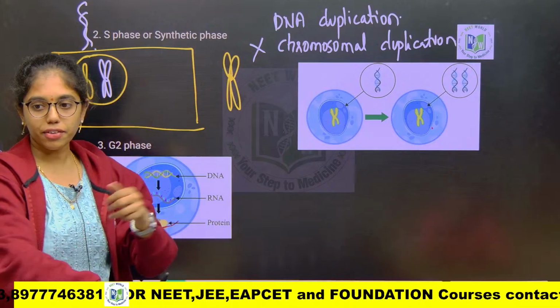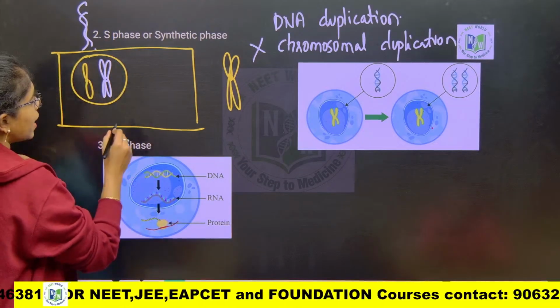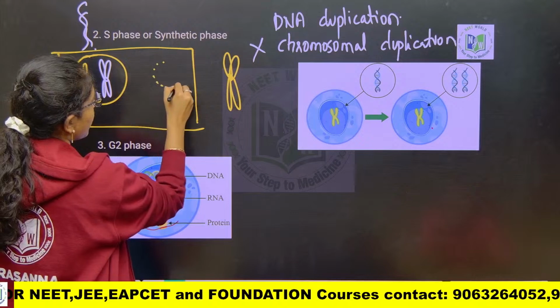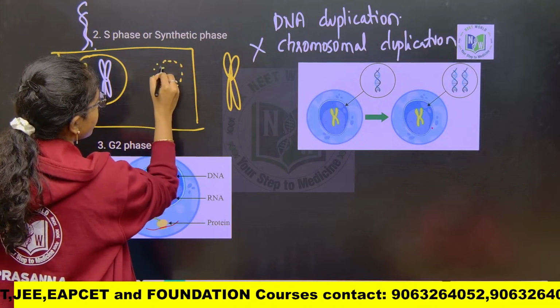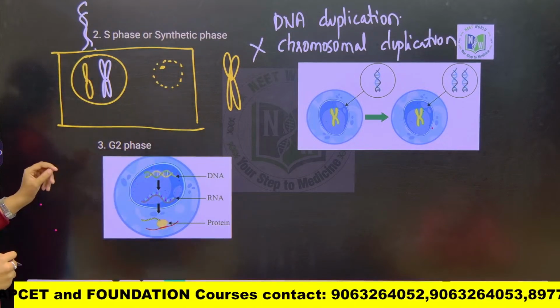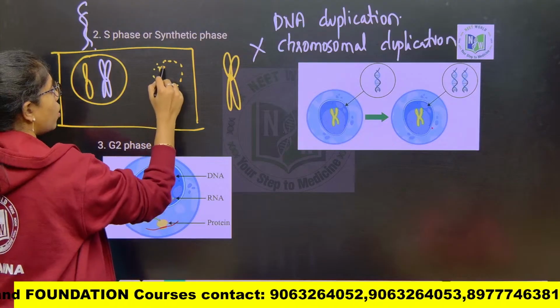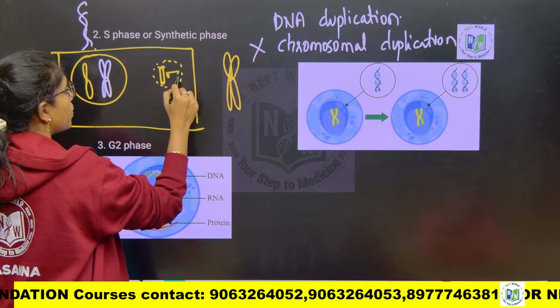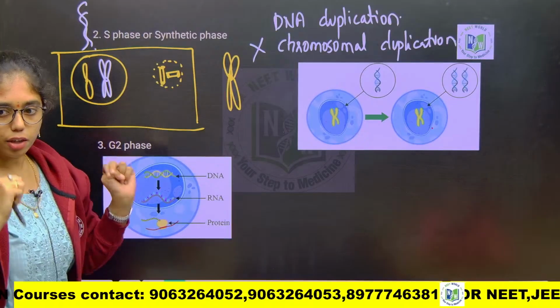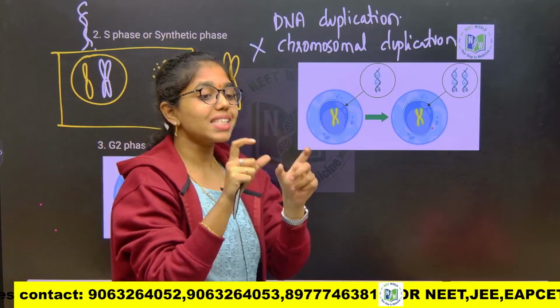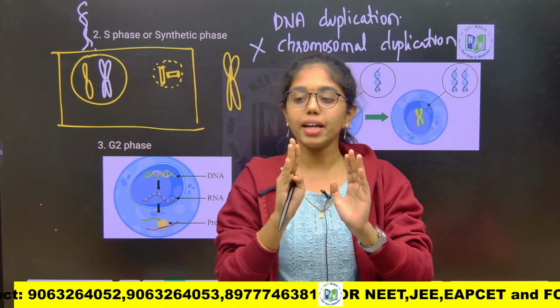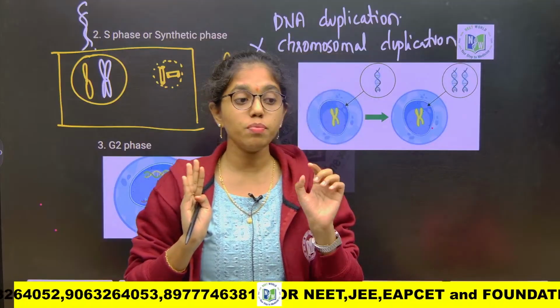Of course, it is the centriole, right? This centriole is present inside what? The centrosome, where the centrioles lie perpendicular to each other. So this centrosome will be duplicated inside the cytoplasm during which phase?